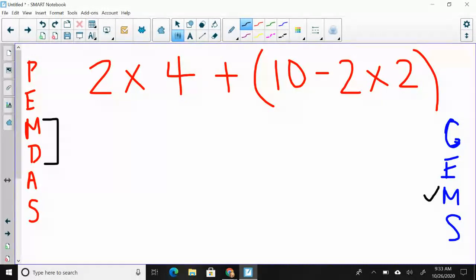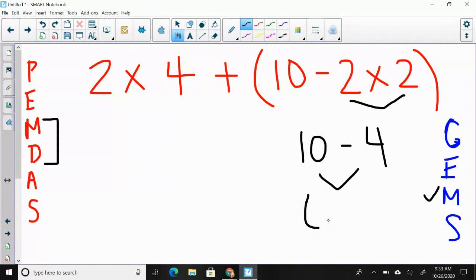So in this case, inside of our groupings, we have to multiply first. So that is going to be 4. And then we have 10 minus 4. So inside that group, we have an answer of 6. Okay? Now I can move on to the rest of my problem.